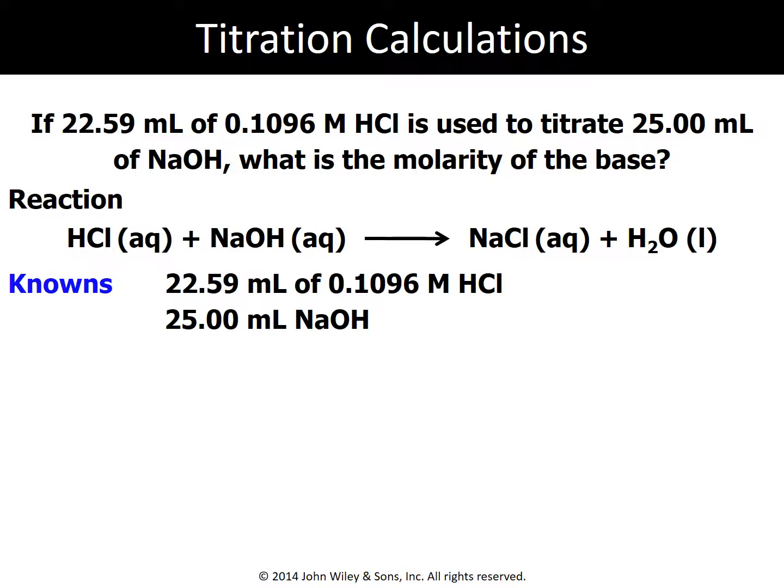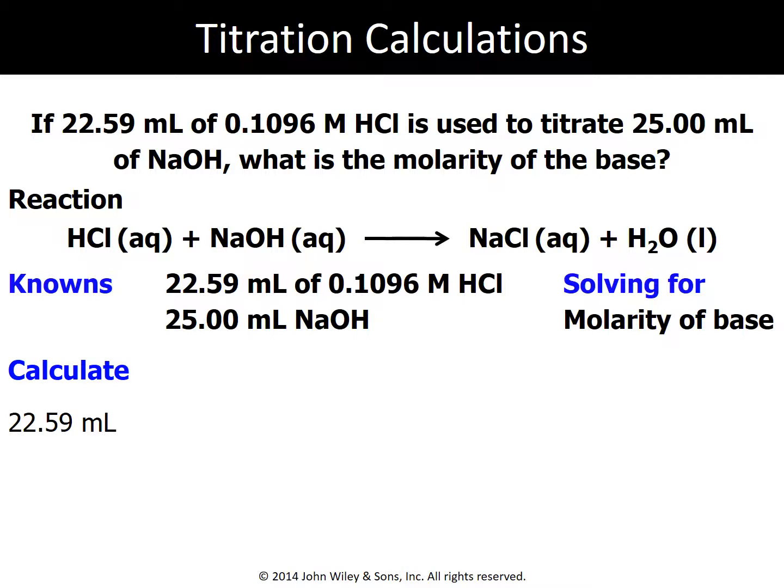So let's walk through this one. Our knowns, from the question, are 22.59 mL of 0.1096 molar HCl, and we have 25 milliliters of NaOH. We're going to convert our 22.59 mL in order to figure out how many moles of acid we have. We multiply by its molarity, dividing by 1,000, because molarity needs to be moles over liters.